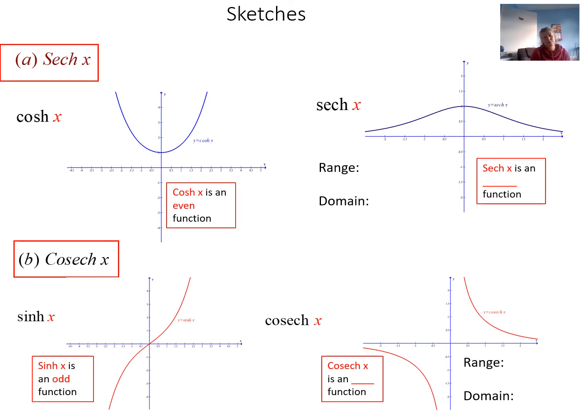Sketches. You can put them in your calculators and sketch them if you like. There's cosh becomes sech. Basically to get them, 1 over it, remember, so 1 over 1 is 1, so we know it's going to go through 1. 1 over 4 becomes a quarter. That's why it's dipping down here, and so on. When you do the cosech, well, sinh is this.